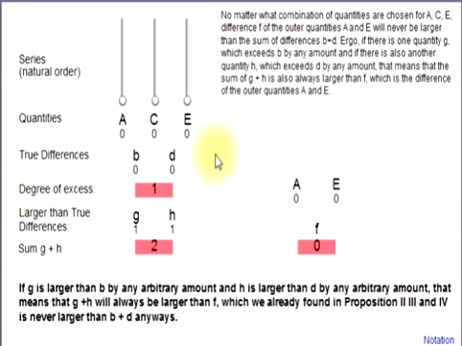In this case of the three element series, there are of course two differences, namely the first one being called B, which is the difference between elements A and C, and the difference D, which is the difference between the quantities of elements C and E. And again, in the previous Proposition 4, we found out that the difference A and E, which we called F, is never larger than the sum of B and D. And that's what we're going to show now.